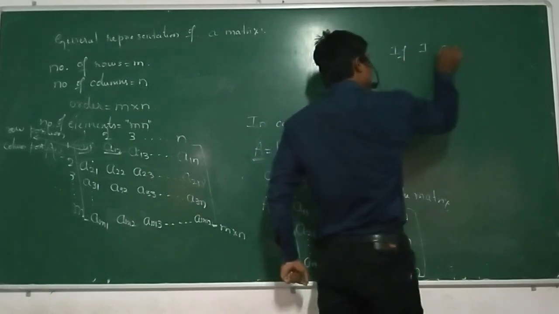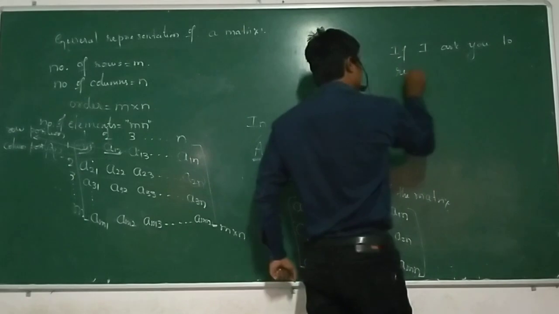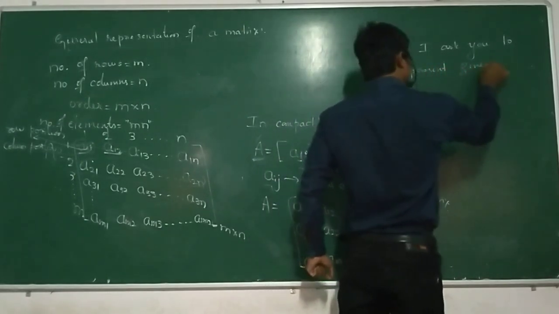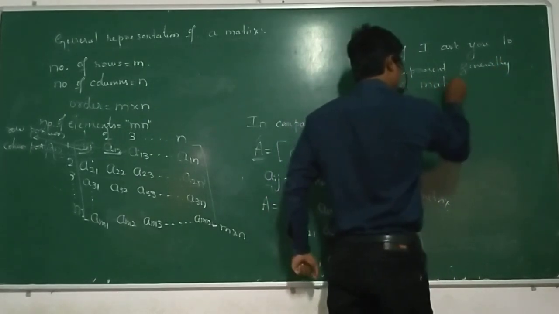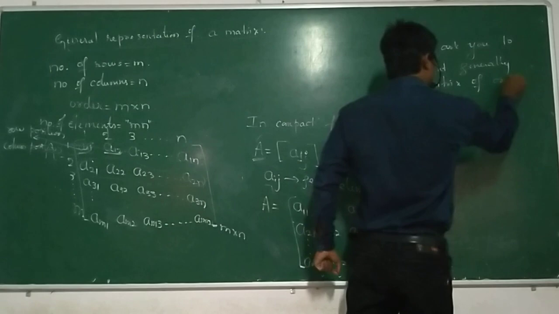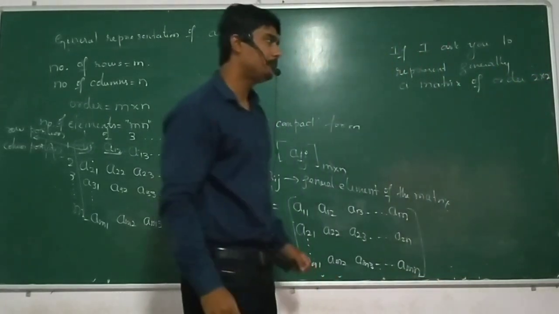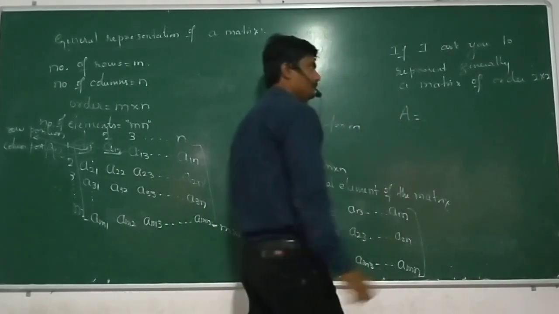Now, if I ask you to represent generally a matrix of order 2 cross 2, what are you supposed to do? Name that matrix by any capital letter.